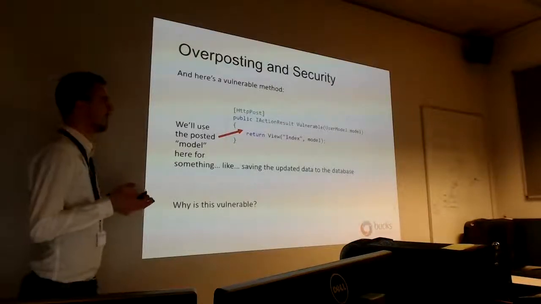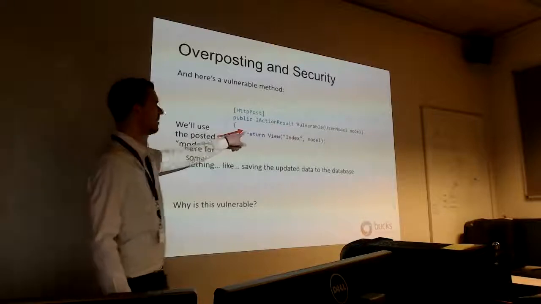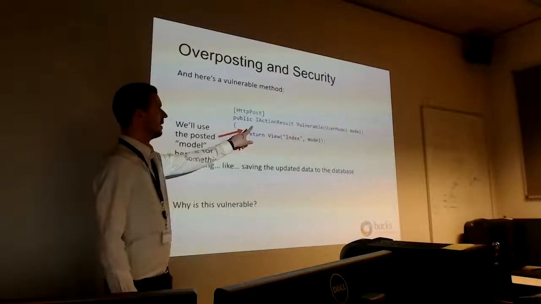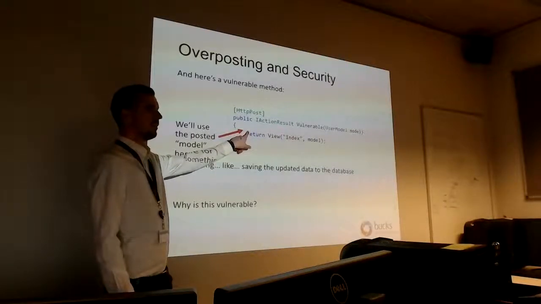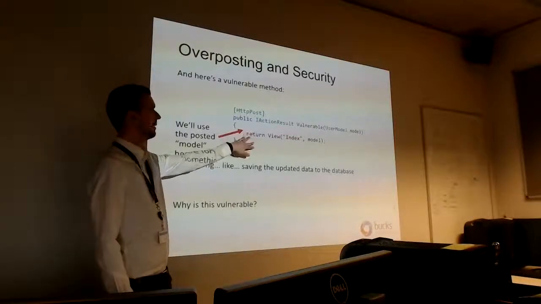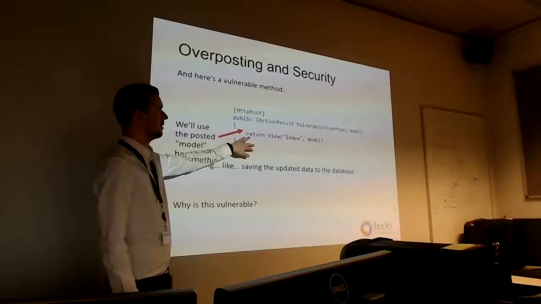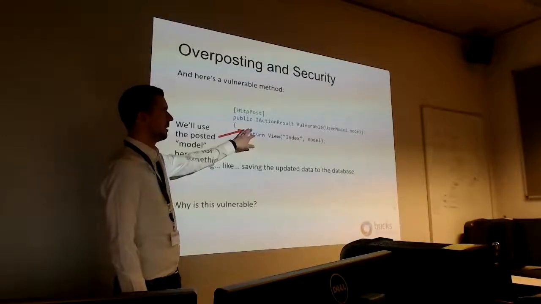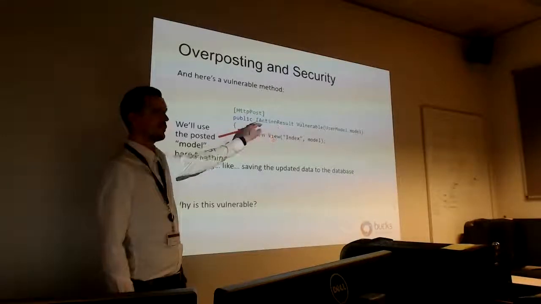I'm okay with that. And let's say here, it would update the database. We haven't got the code that does it, but here we would update the database with the model that's passed in.